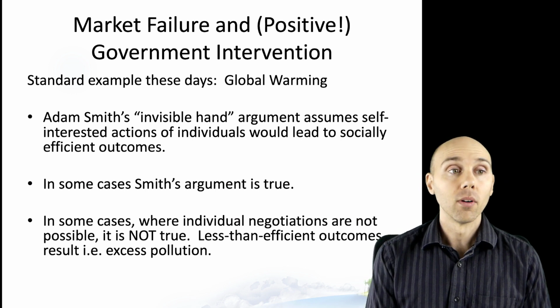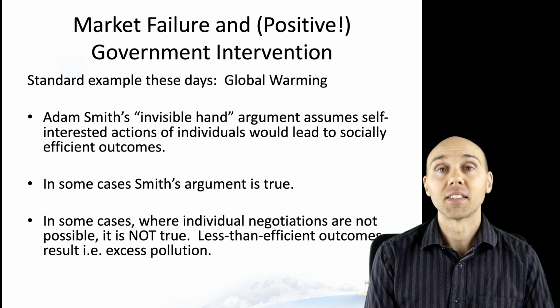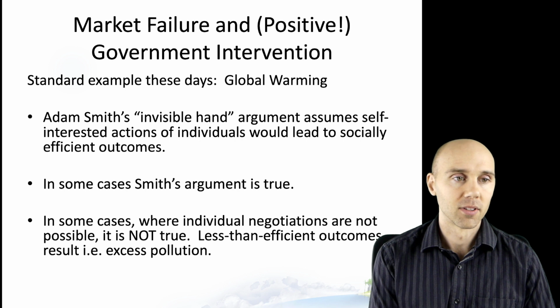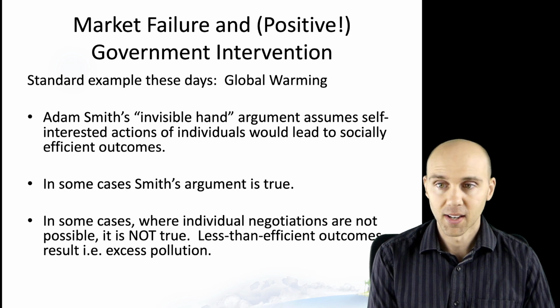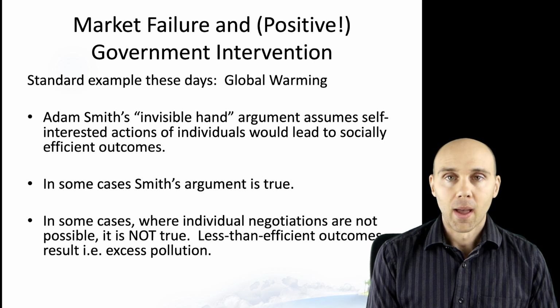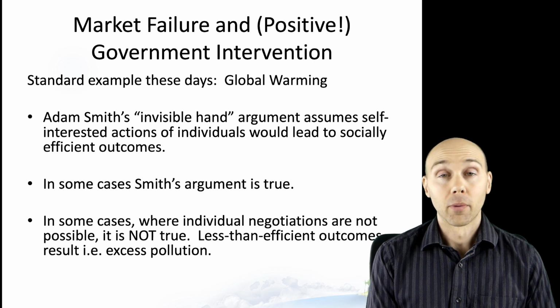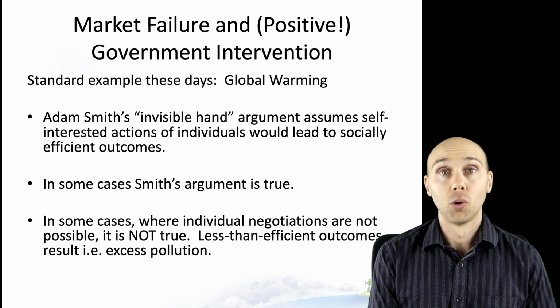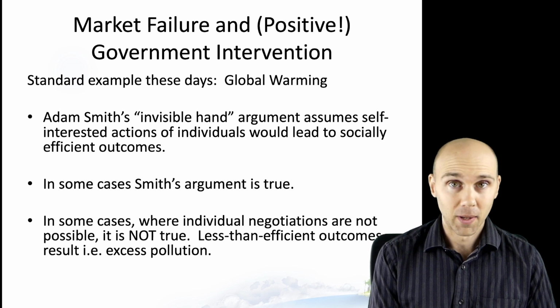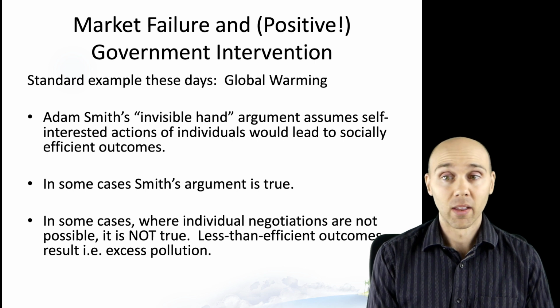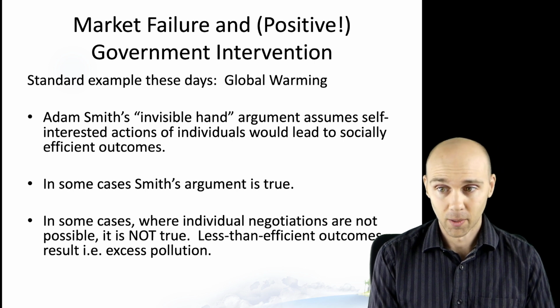And one of the most important markets, and yes, it is a market, is that of pollution and emissions. So global warming and climate change are obviously massive topics in the world today. Adam Smith's argument from the very start was about markets being efficient through the price mechanism, or the so-called invisible hand, in which case economic agents, you, me, firms like BHP, whatever, can act in selfish ways, but in a way that leads to socially efficient outcomes.